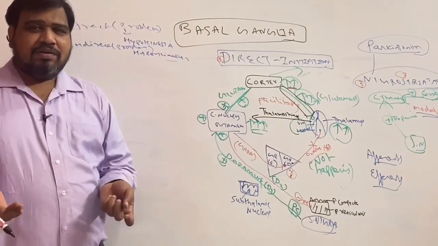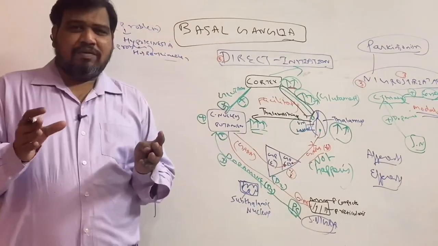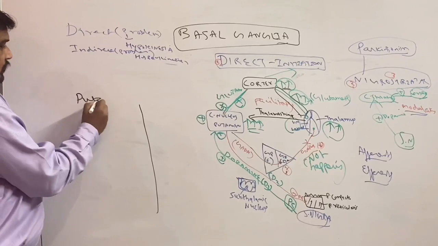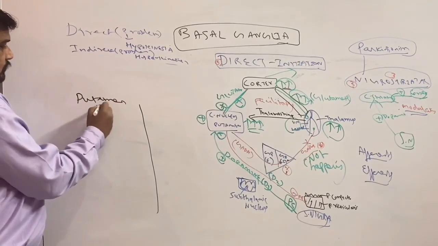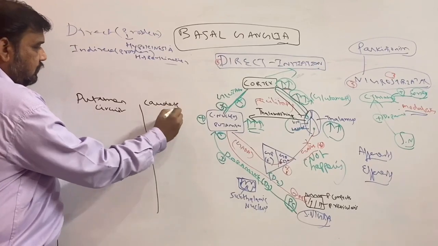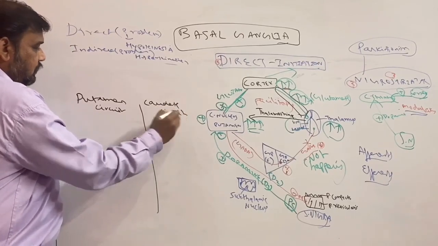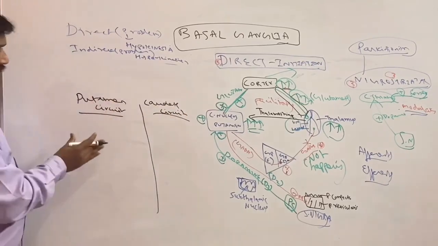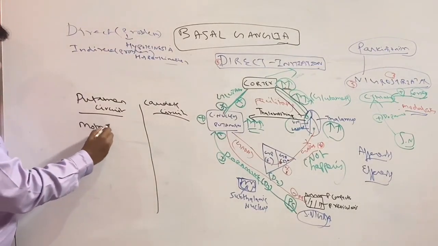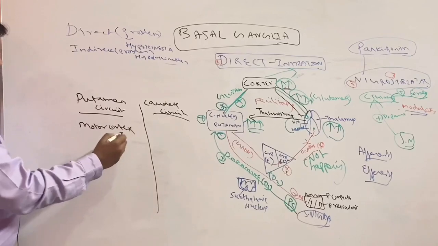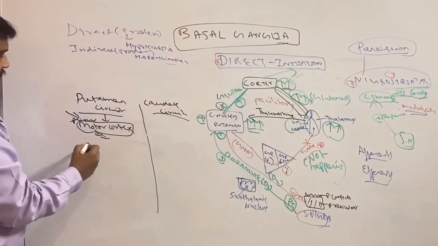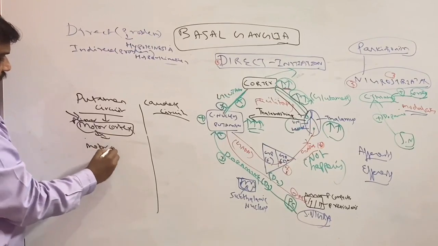Now one more theory point; textbooks give it. Another point is the two circuits, the putamen circuit and the caudate circuit. The main thing: the putamen circuit receives from the motor cortex itself, and the circuit output via the thalamus also goes to the motor cortex areas.